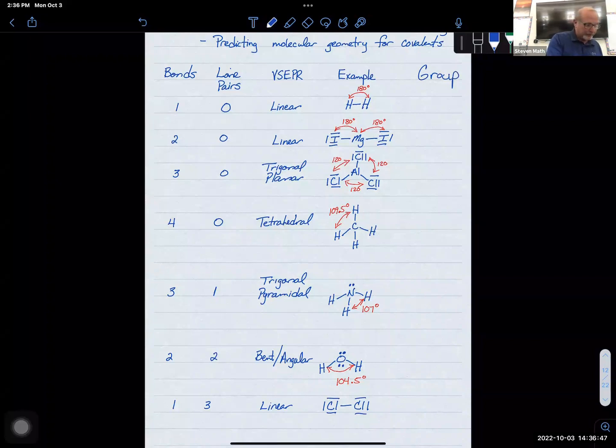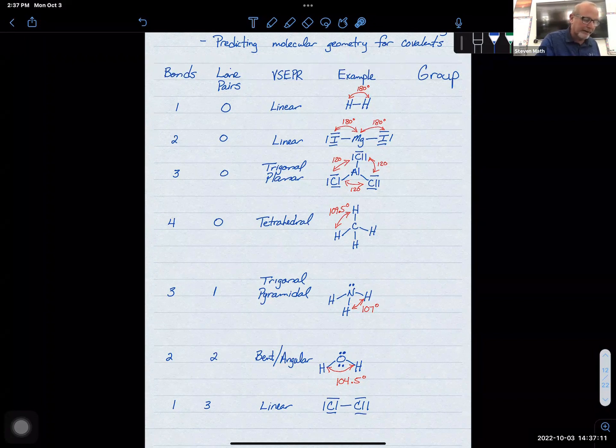Now, I'm going to say this lots of times. The number of bonds and lone pairs is definitive. Definitive, accurate all the time. What I'm giving you now is a general guideline that may lead you to, does it have this many bonds and this many lone pairs?